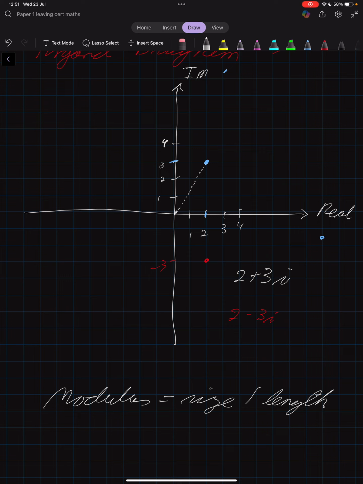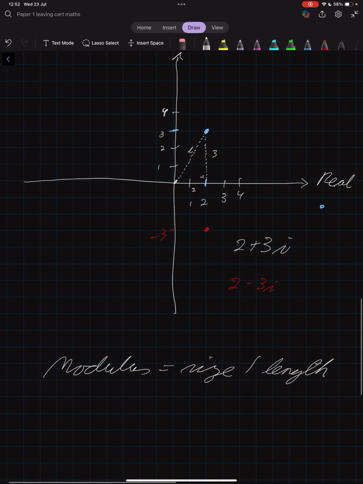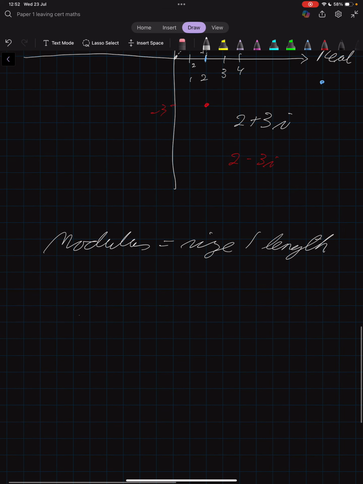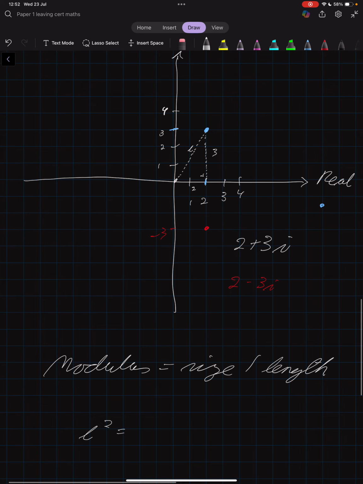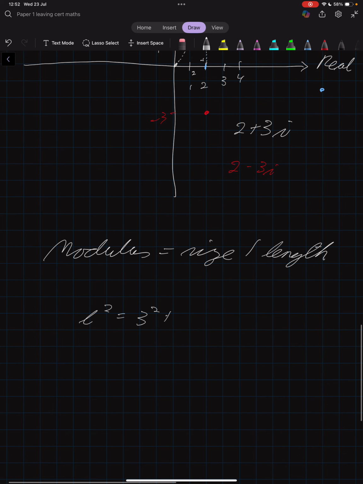If we go back to third year trigonometry, I can say, well, the height is 3, the length is 2. This length here I can say is L. I can use Pythagoras and say, okay, well, L squared is going to be 3 squared plus 2 squared. So the length, or the modulus, is equal to the square root of 3 squared plus 2 squared.